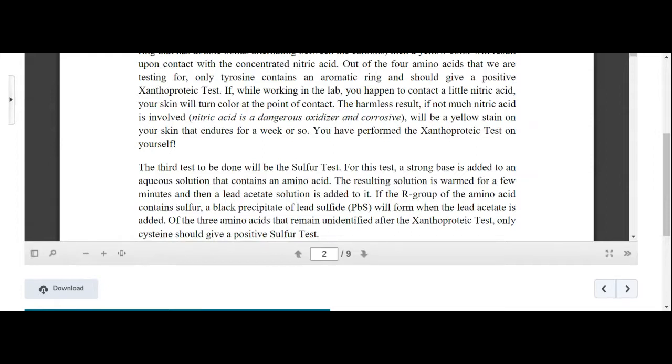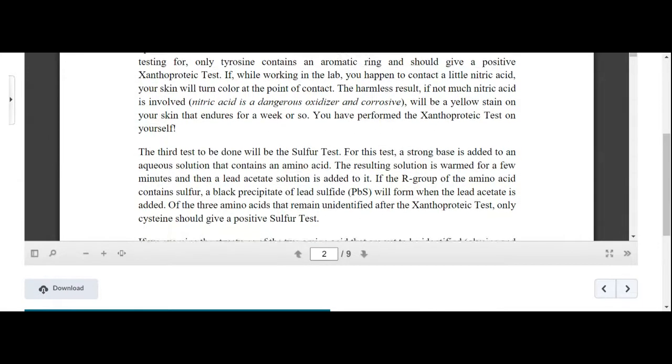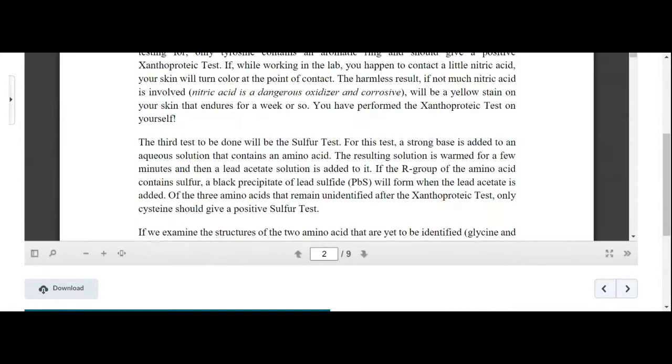If the R group contains sulfur, then we are going to get what color? Do you remember the color? Then we know we have cysteine if we get a positive test result for the sulfur test. Okay.